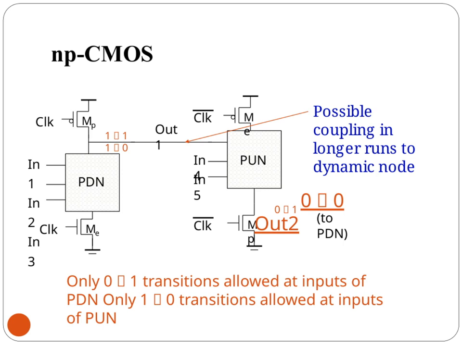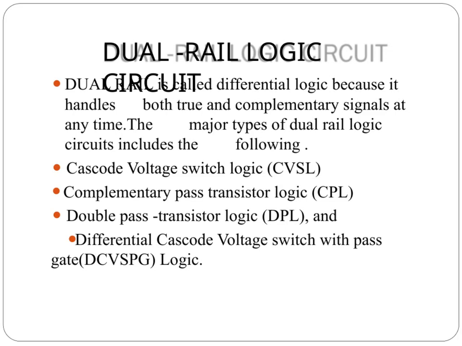Dual-rail logic circuits are also known as differential logic because they process both the true signal and its complement simultaneously. This approach helps improve noise margins and speed. There are several main types of dual-rail logic circuits that are commonly used.